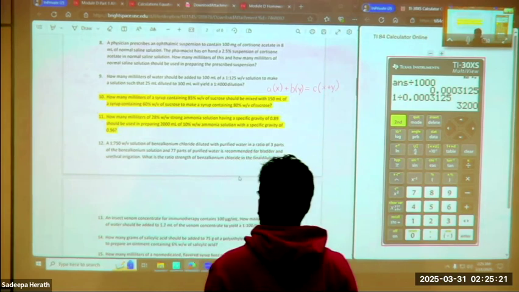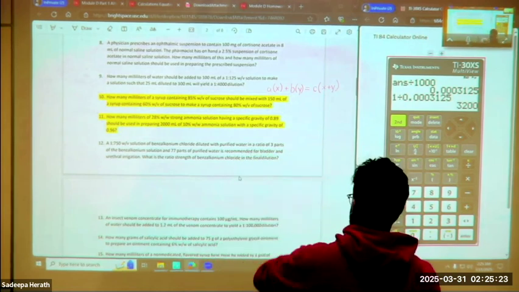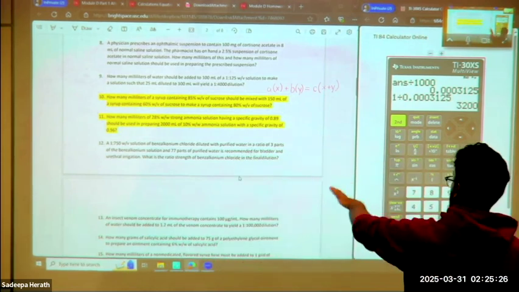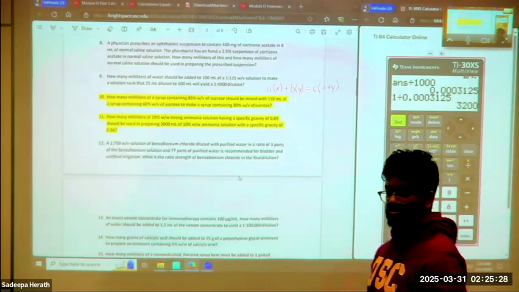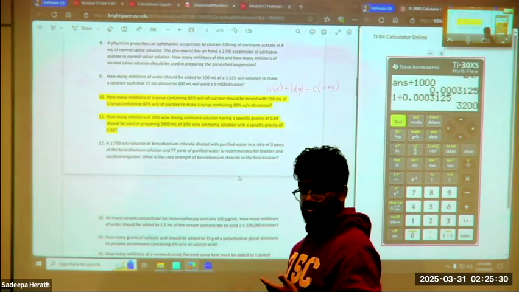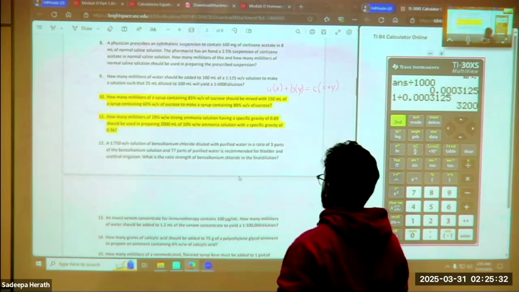So that's the general structure of it. All we have to do is fill in the appropriate variables with their appropriate numbers, right?